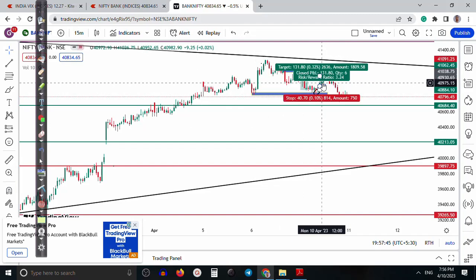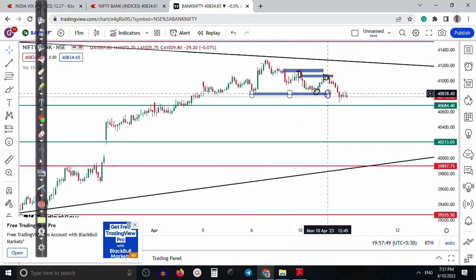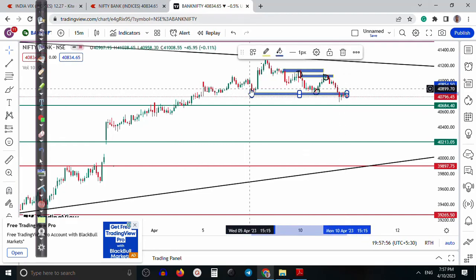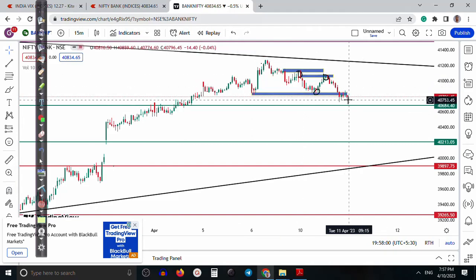Okay. So according to the supply zone, we can see the demand and supply zone, price almost broke this demand zone. So that is a strong demand. So basically we are looking for short if price sustains below this demand zone.